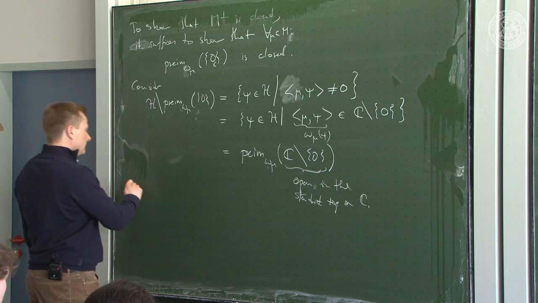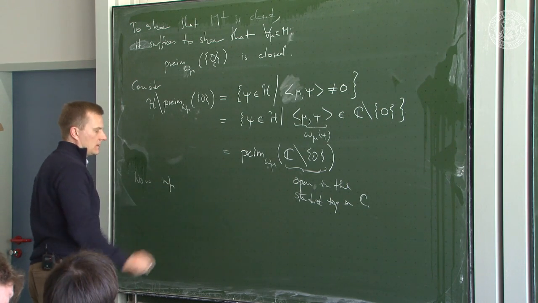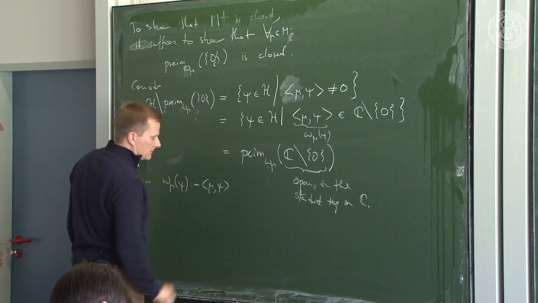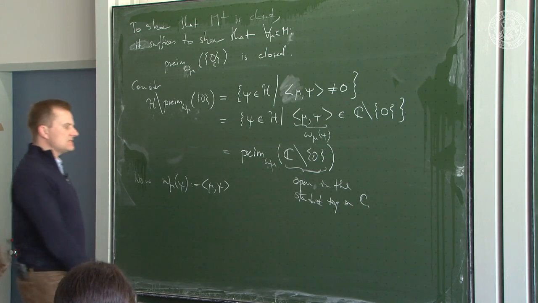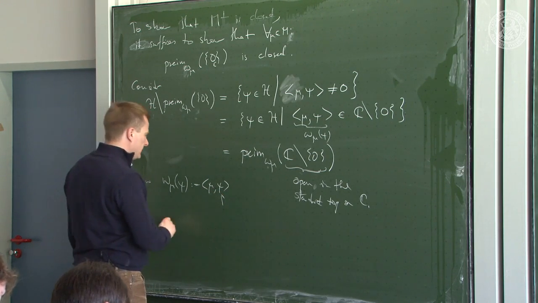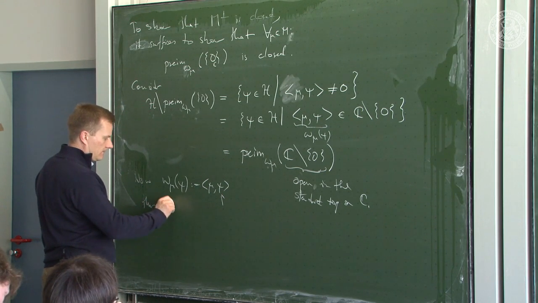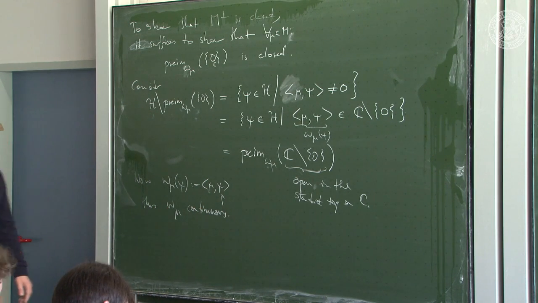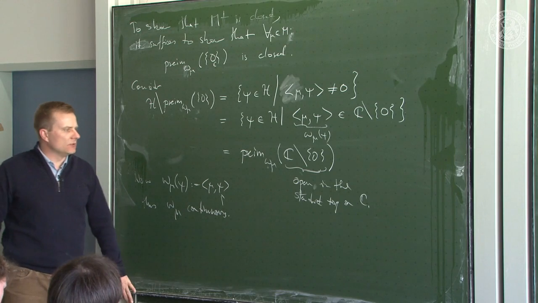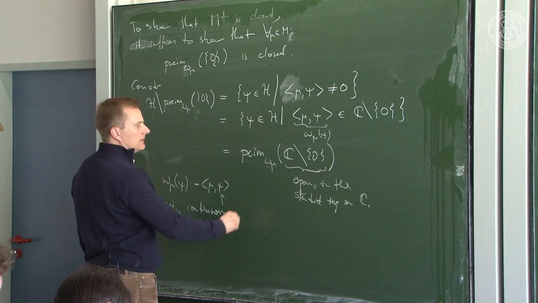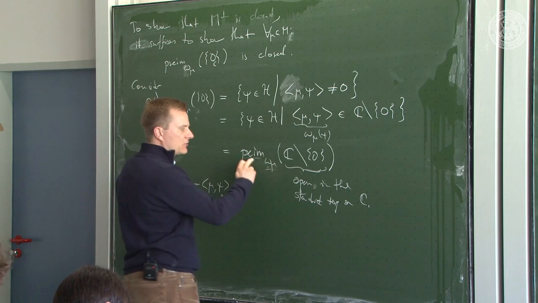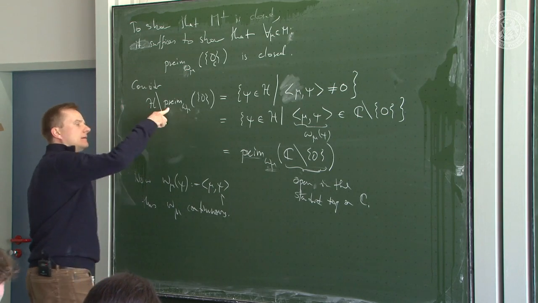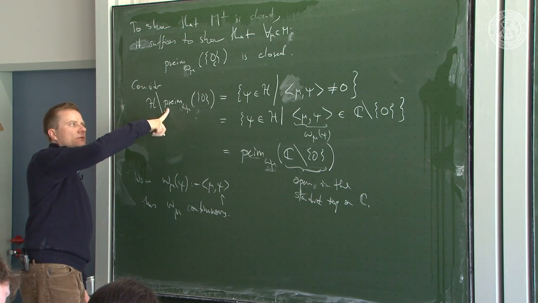But now omega mu, being just the map that takes a psi to mu psi, this is the inner product, and the inner product is continuous in the second slot. Thus omega mu is continuous. Thus we know here that the pre-image of an open set with respect to a continuous map is open because of continuity.